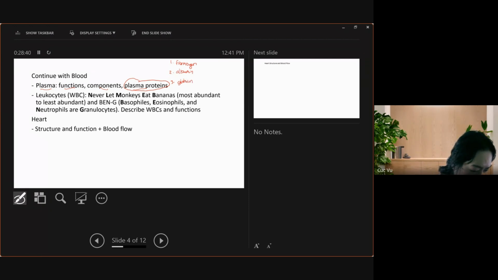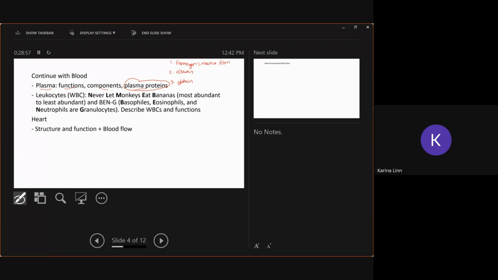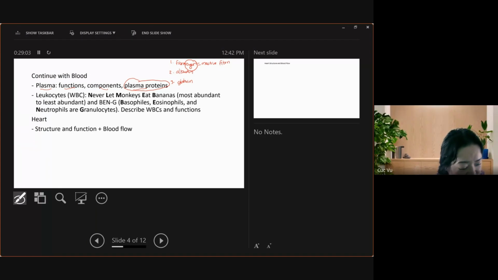Okay? So fibrinogen is an inactive form of fibrin. How do you know it's inactive? Because it's got the ogen on the end of the word. That's right. Anytime you see the word ogen, it means it's inactive.